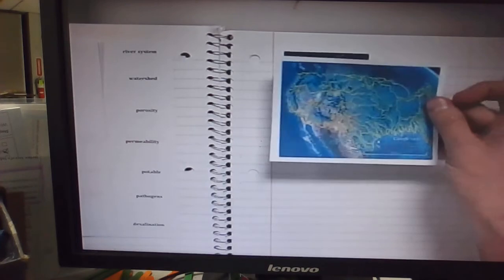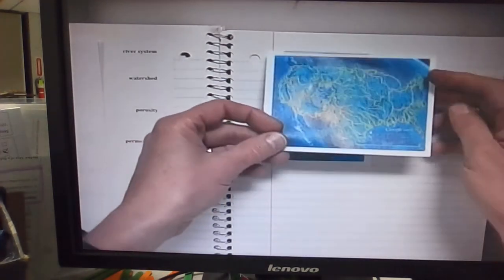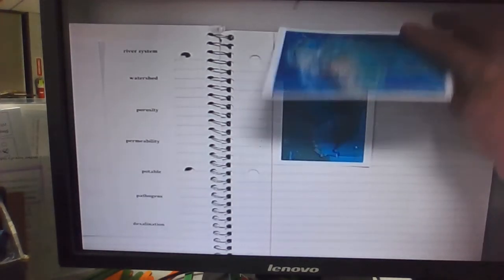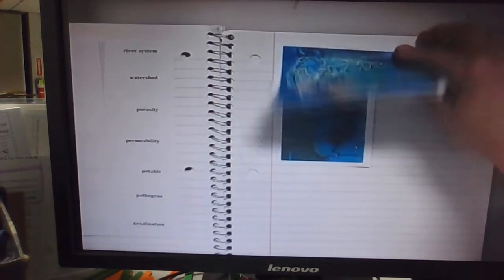The next picture, the one that's got the United States on it, we can lay that on top, but once again, we need to see underneath it, so tape it so that we can get to the information underneath.